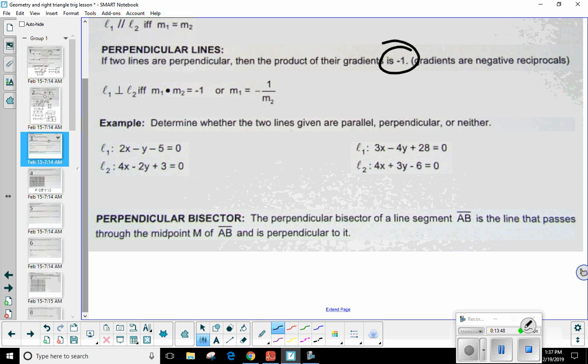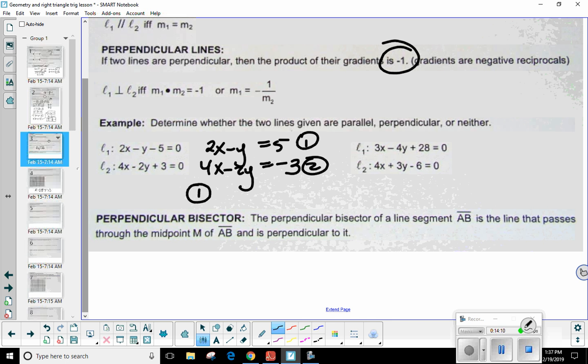Carolina, what would you like to do? Just move it over? Okay. So 2x minus y is equal to a positive 5. Then we have 4x minus 2y is equal to a -3. Let's say this is equation 1 and that's equation 2.